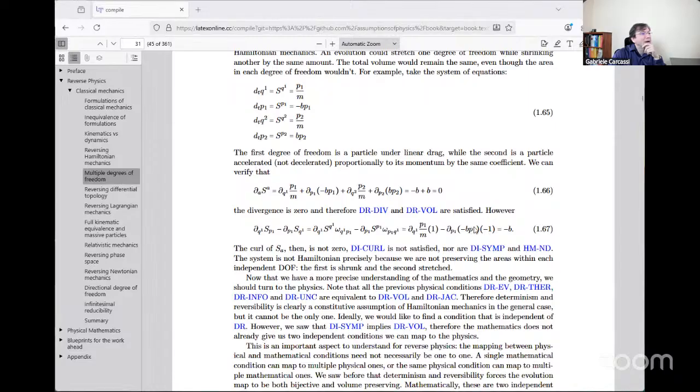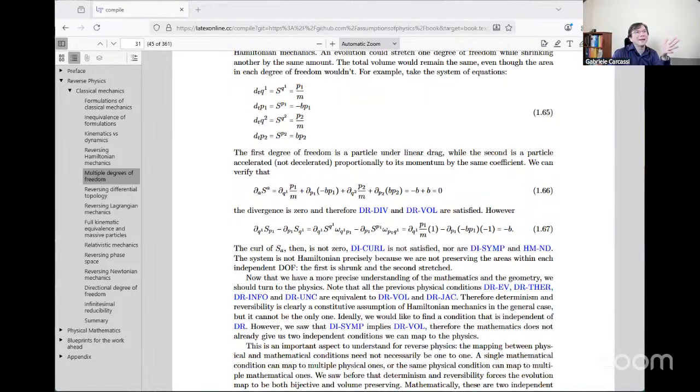So again, you get a b from this side, but you get nothing from this side, and so the curl is not 0. So DI curl is not satisfied, nor are DI symplectic and HMND. What was HMND? Yeah, Hamiltonian mechanics with n degrees of freedom. The system is not Hamiltonian precisely because we are not preserving the areas within each independent degree of freedom. The first is shrunk and the second is stretched.